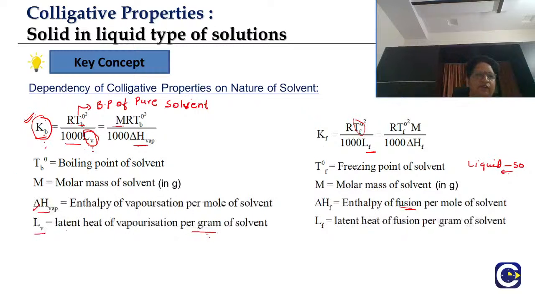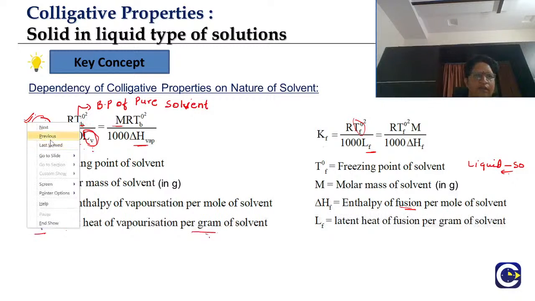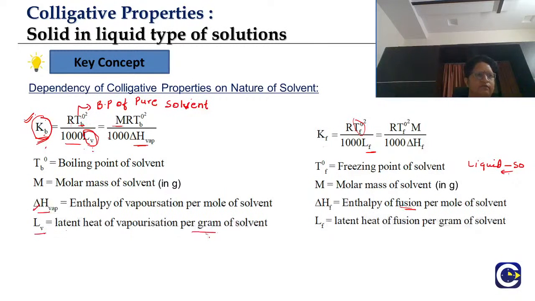The relation between the molar elevation constant and the boiling point: Kb is equal to R TB naught square by 1000 LV. LV is the latent heat of vaporization, the amount of heat required to vaporize 1 gram of a solvent.